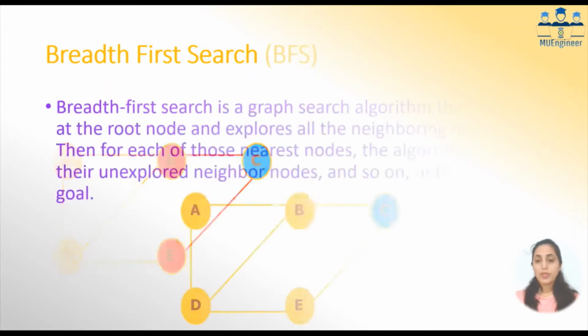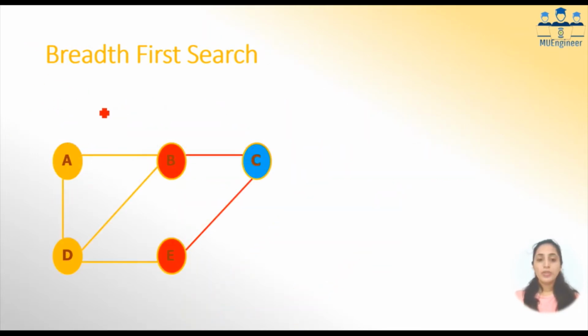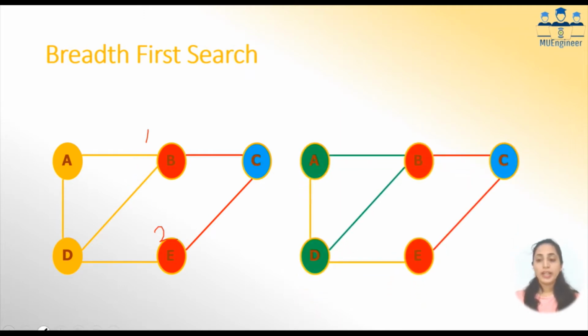After that, what am I supposed to do? After exploring the neighboring nodes, for each of the neighbor nodes, the algorithm again explores their neighbors and keeps on doing that. Now there are two neighbor nodes, first and second. For each of them, I have to explore their neighbors. I'll first go with B and explore the neighbors of B. Who are the neighbors which are not yet explored?